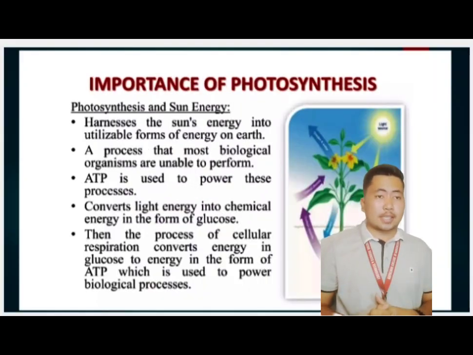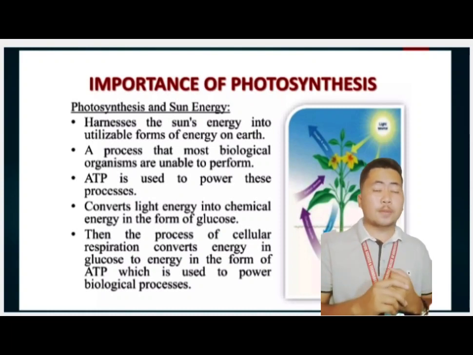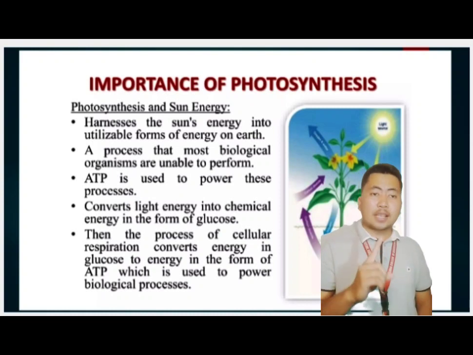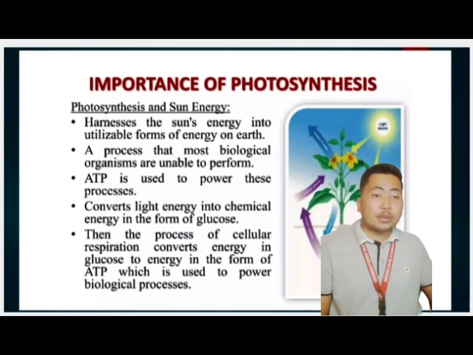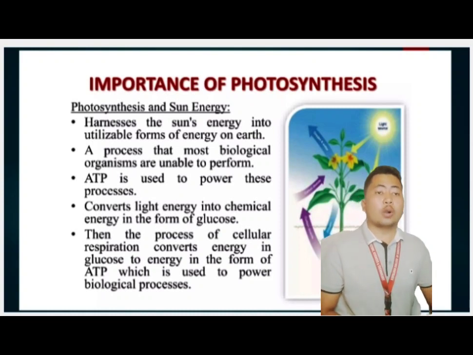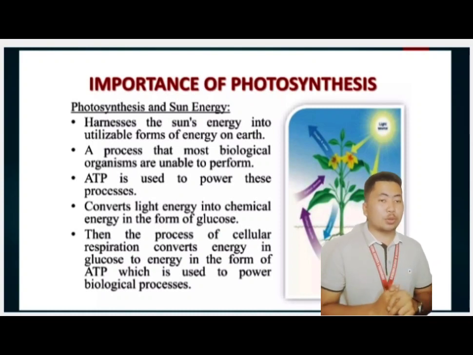Importance of photosynthesis. Photosynthesis and sun energy: it harnesses the sun's energy into utilizable forms of energy on Earth, a process that most biological organisms are unable to perform. ATP is used to power these processes; photosynthesis converts light energy into chemical energy in the form of glucose.